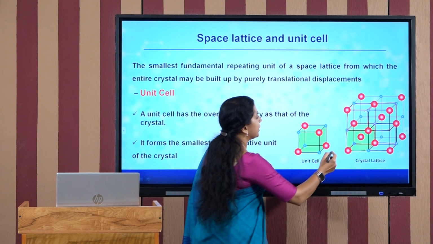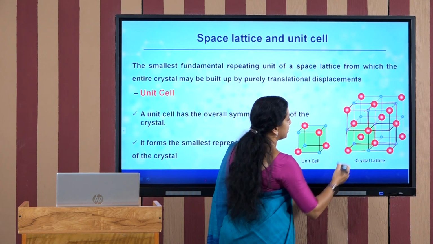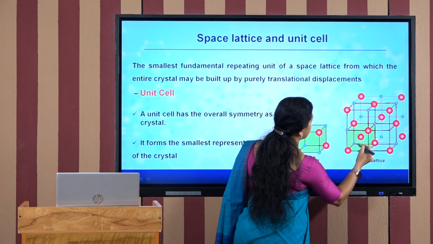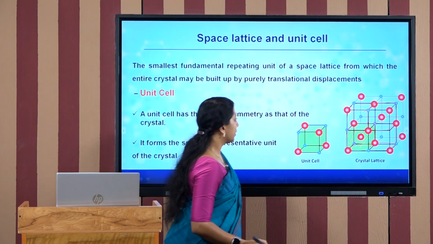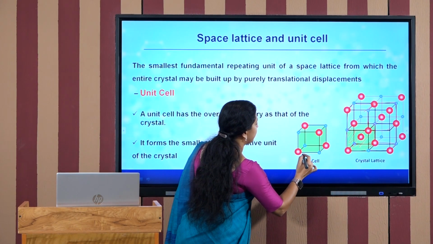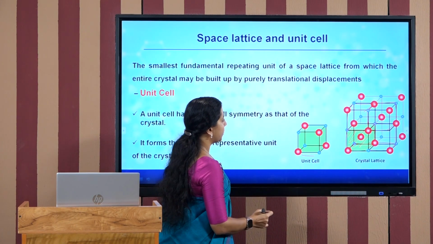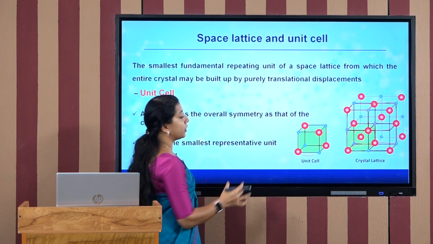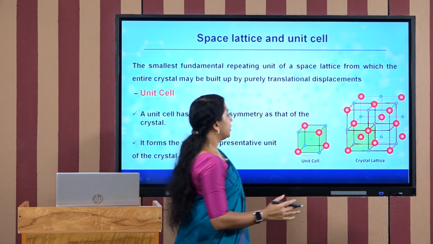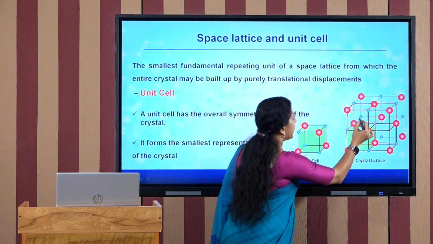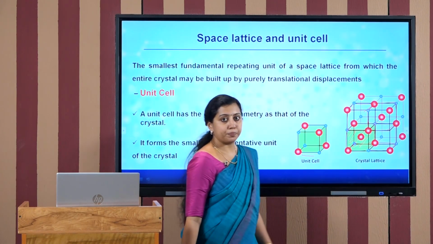Now, if you take one cube from this, for example, this green colored portion, that is represented here, and this particular cube, you can see that it is the exact replica of the other 3 cubes.